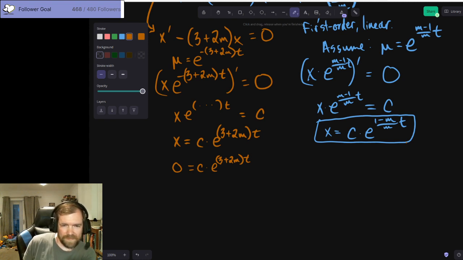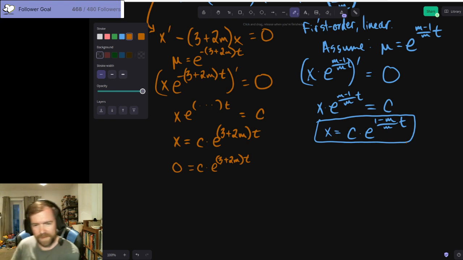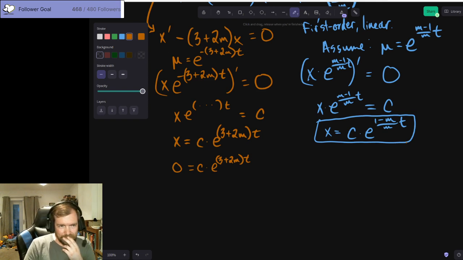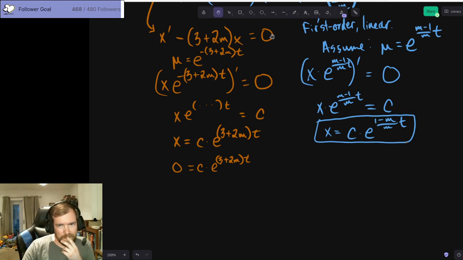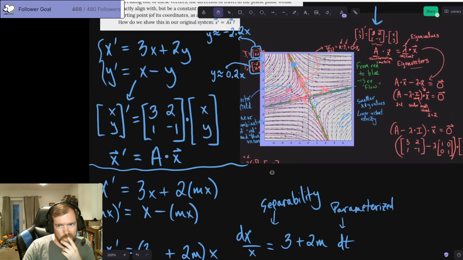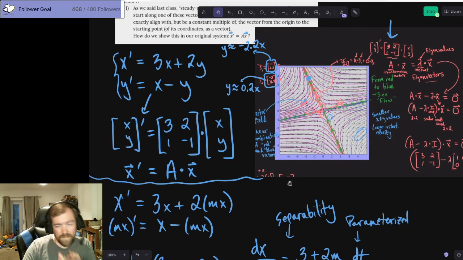Yep. So it's not the most helpful thing, but nonetheless it is something that is true, that we made the assumption that the line that these eigenvectors, I'm spoiling a little bit, but these eigenvectors are going to go through 0, 0.